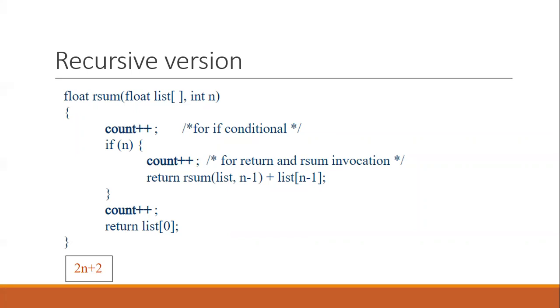But we need to note down that although the recursive function has fewer steps, it typically runs slower than the iterative version, as its steps on average take more time than those of the iterative version. So this is a good point to note down.